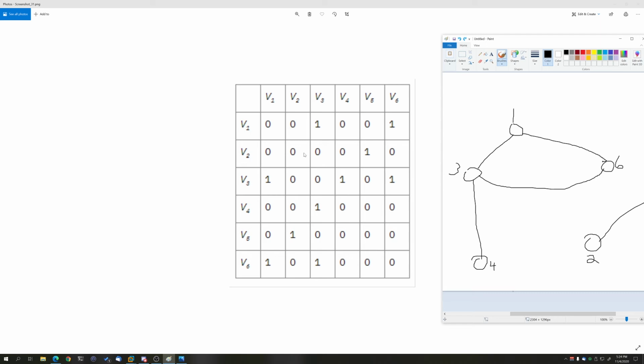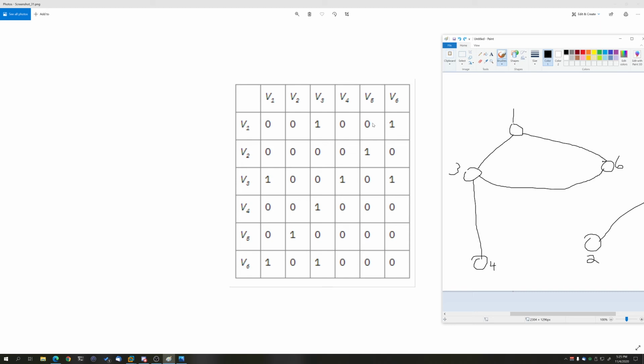But if we were to say 2 comma 2, there is no edge there, so it's a 0. This is not very space efficient or memory efficient, and it's really inefficient for sparse graphs because you don't have many relationships. Debugging is a little harder, especially with really large numbers of edges, because it's huge and you need to go through every single one.